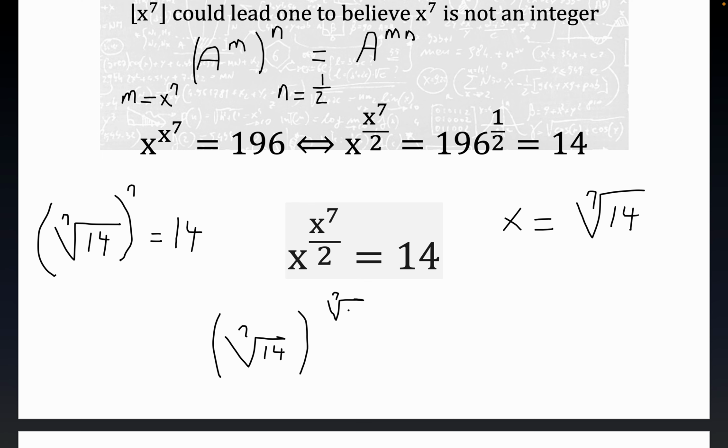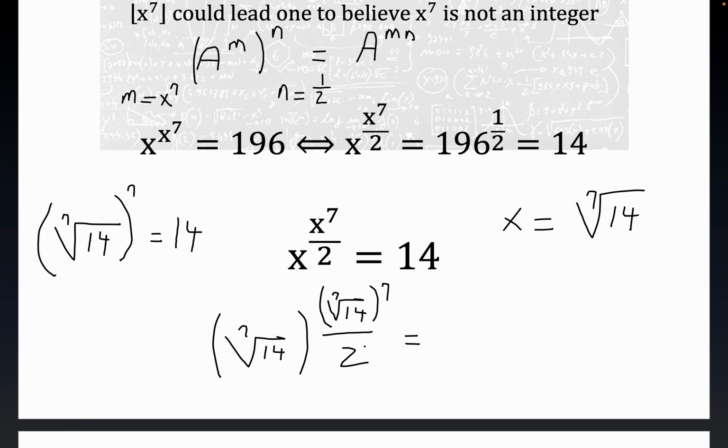It's a little weird, isn't it? So you got this, and then it's all over 2 still. You see, folks, 14 over 2 is 7, so that would be the 7th root of 14 raised to the 7th power, which is equal to 14.